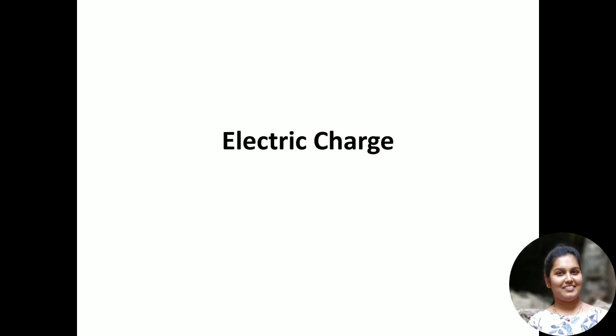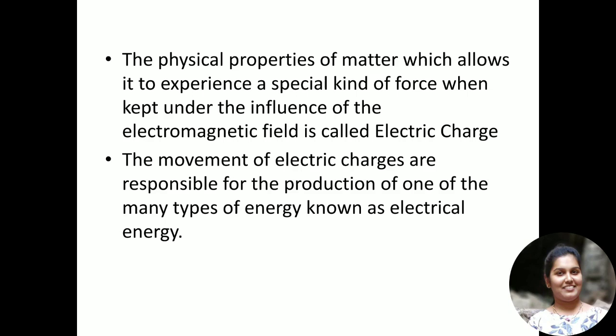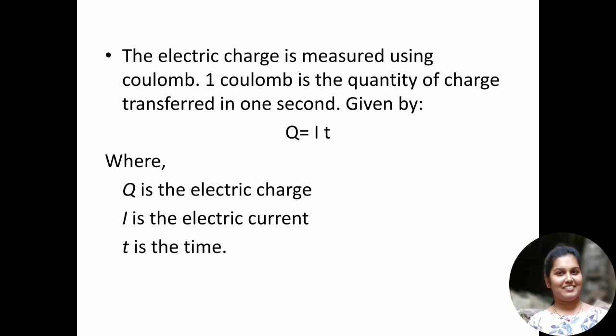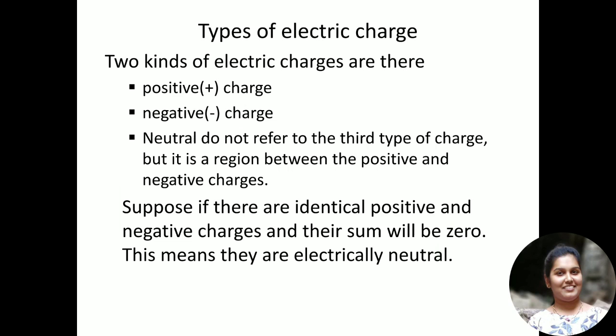So this point is to be kept in mind: electrical charge Q is equal to I into T. I repeat, electrical charge is the property of matter which allows it to experience a special kind of force when it is kept under an electromagnetic field. Unit is Coulomb and Q is equal to I into T. Coming to the types of electrical charges, in general there are two types.